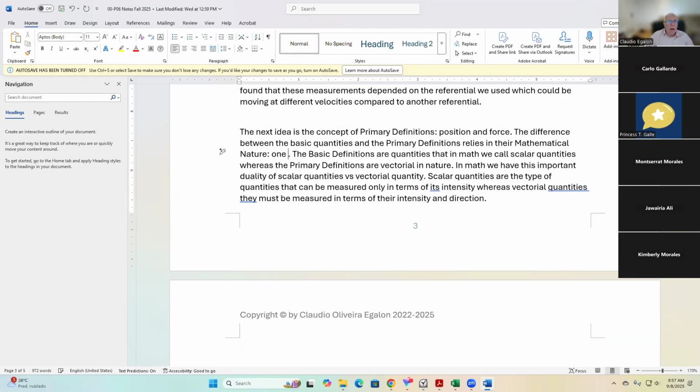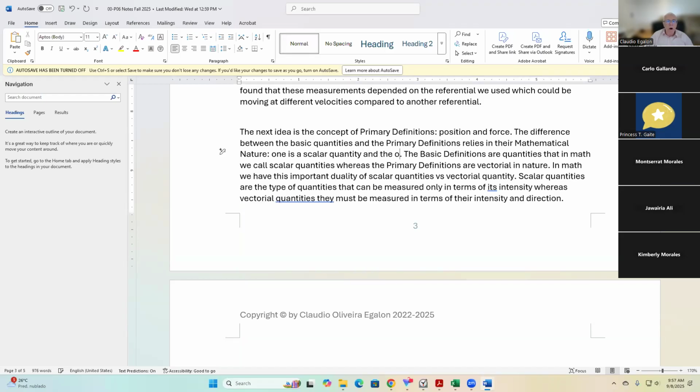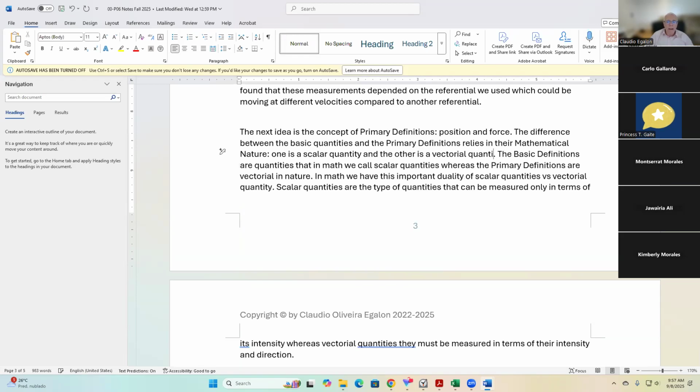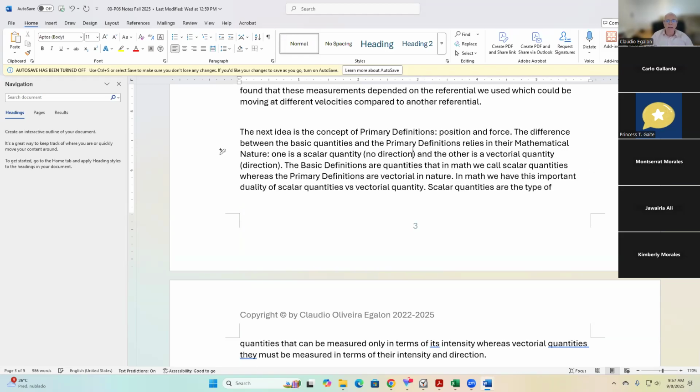One is a scalar quantity, if you have already seen that in math, and the other is a vectorial quantity. What does it mean? Vectorial quantities have a direction. Scalars do not have a direction. No direction is associated to a scalar. That's the important difference between scalar quantities and vectorial quantities.